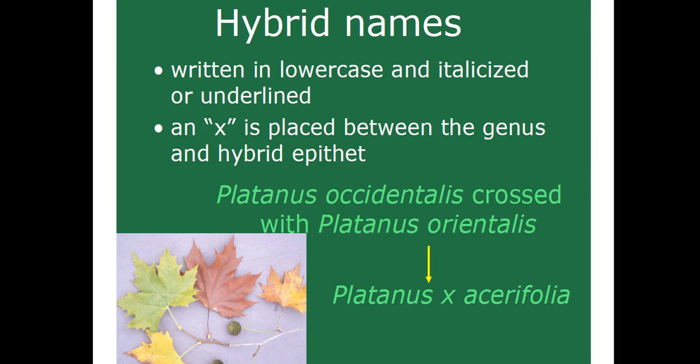These two, although found in geographically different parts of the world, were brought together and bred to form a street tree, a very common plant used in landscaping, known as the London plane tree, Platanus x acerifolia. And if you look closely at the picture there, you can see why it gets that acerifolia. The foliage resembles that of a maple. So it's like a maple leaf sycamore.